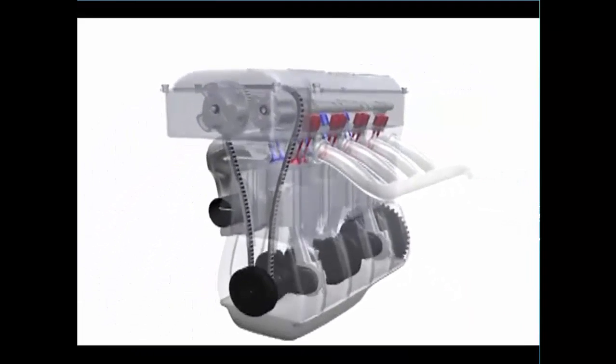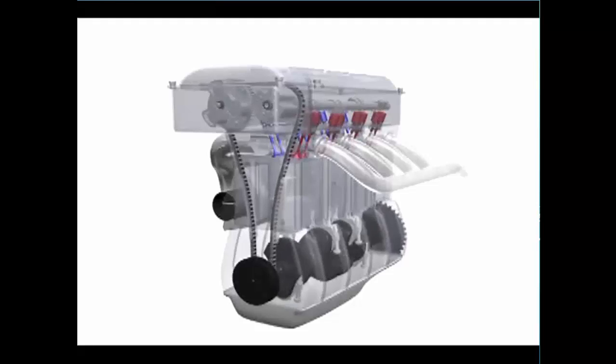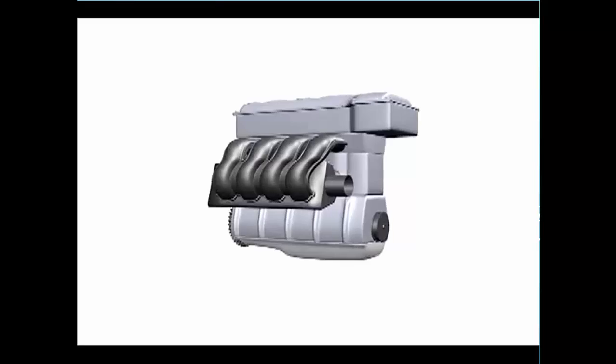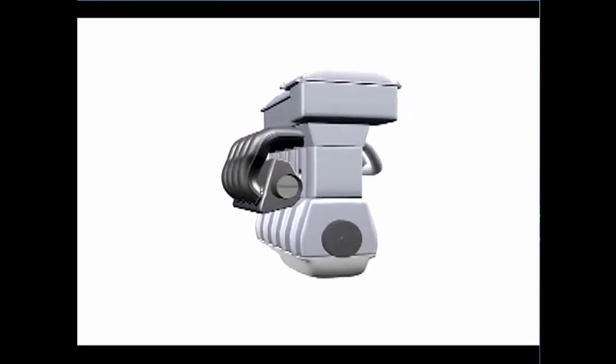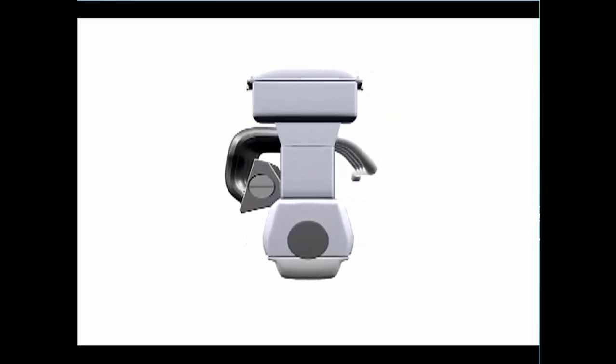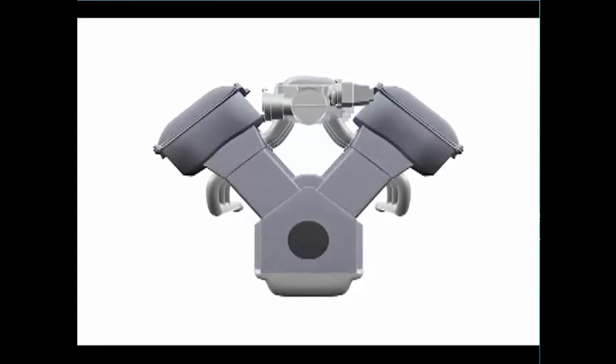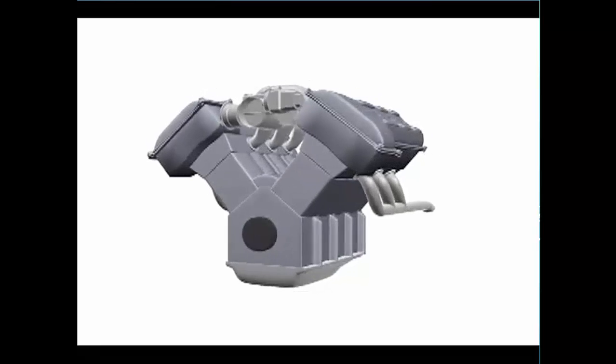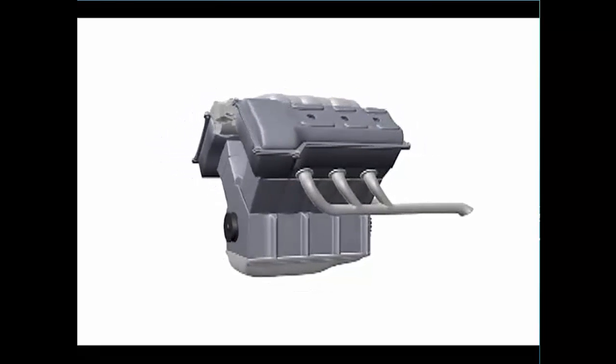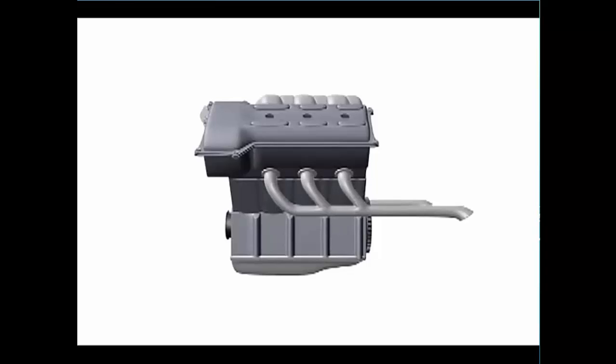All Toyota engines use double overhead camshafts. Most four-cylinder engines, including all Toyota four-cylinder engines, are an inline design. Engines with more than four cylinders typically have the cylinders arranged in a V configuration. All Toyota 6- and 8-cylinder engines are V-type engines.